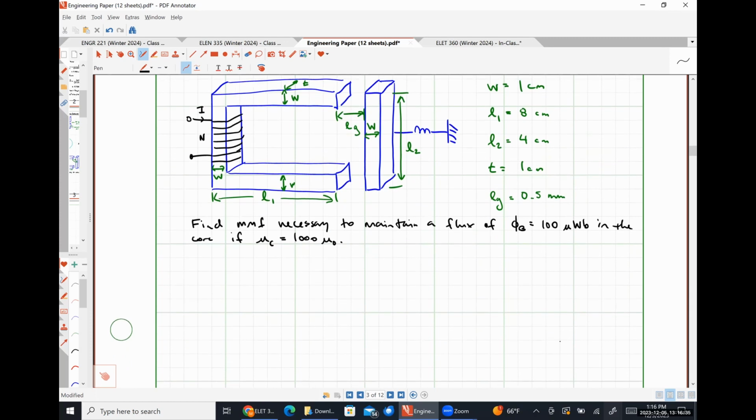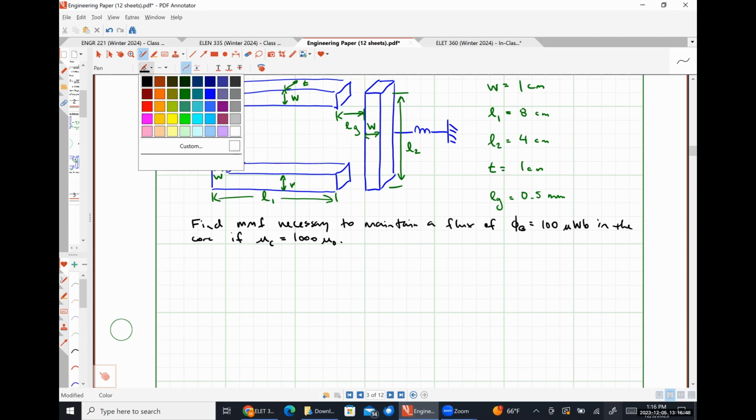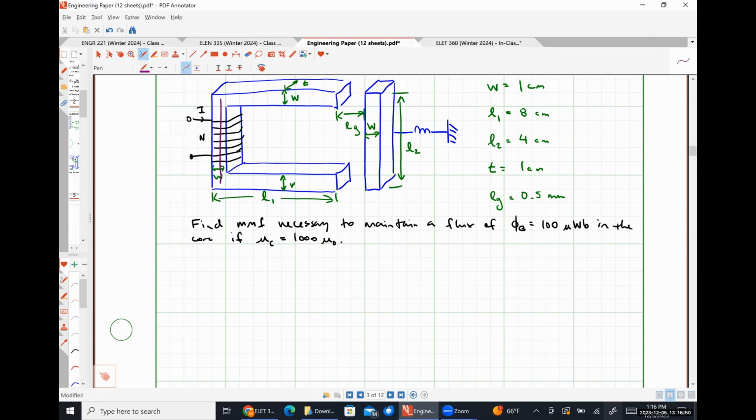So what's my magnetic circuit going to look like? Series path of reluctances, right? Because our flux just sees this path, right?